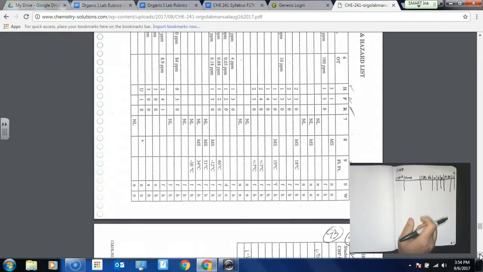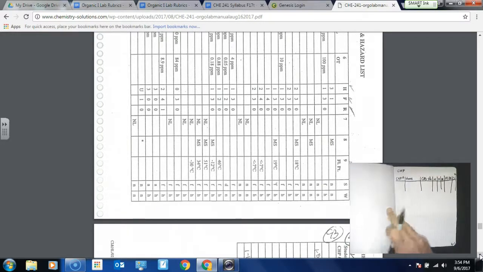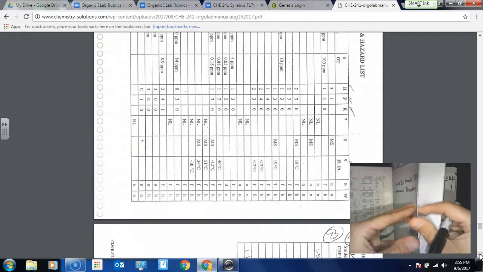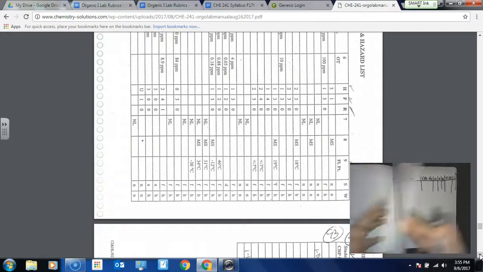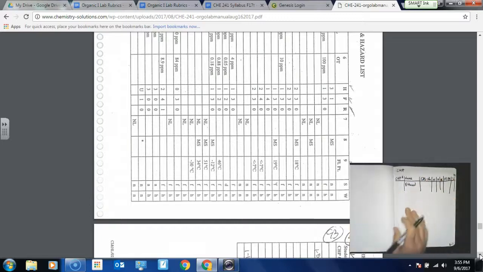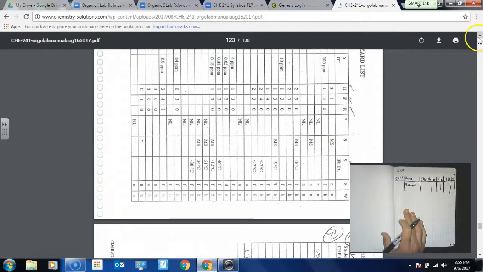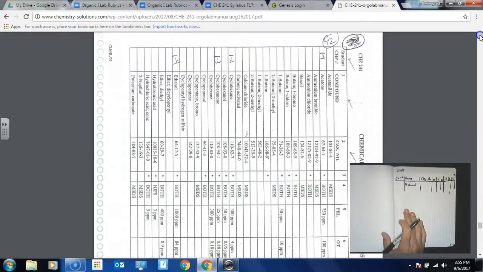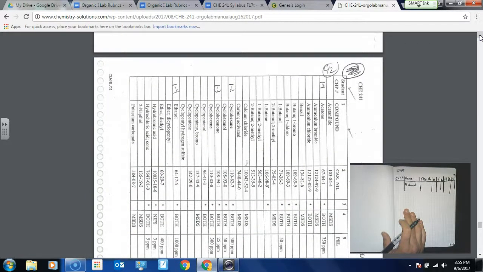So in this first lab, I can go back to my general procedure, and I can kind of highlight what I'm doing. I think the first thing that I'm using is ethanol. Okay? Ethanol. So I'm going to go to this list, and I'm going to look up what ethanol is. Ethanol is here.